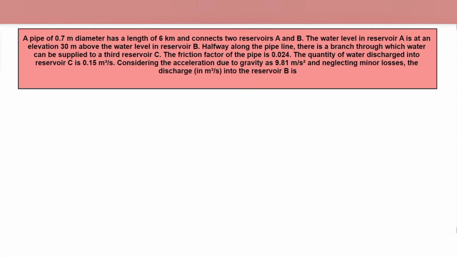Let's see another question. A pipe of 0.7 meter diameter has a length of 6 km and connects two reservoirs A and B. The water level in reservoir A is at an elevation 30 meter above the water level in reservoir B. Halfway along the pipeline, there is a branch through which water can be supplied to a third reservoir C. The friction factor of the pipe is 0.024.